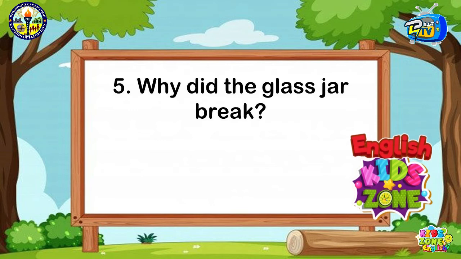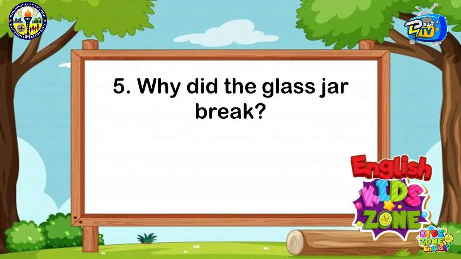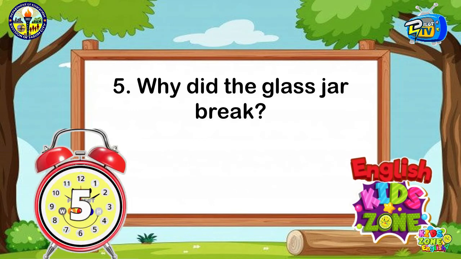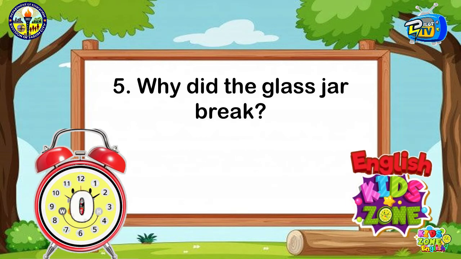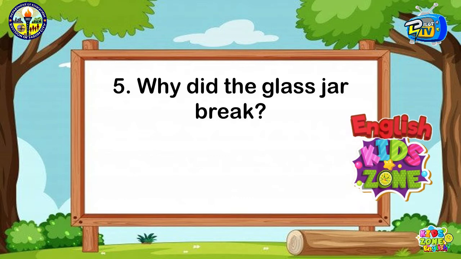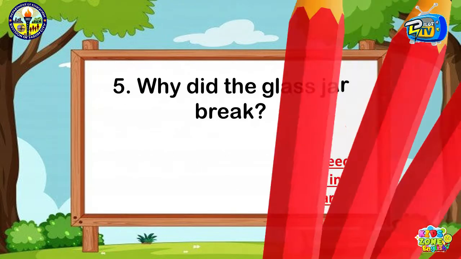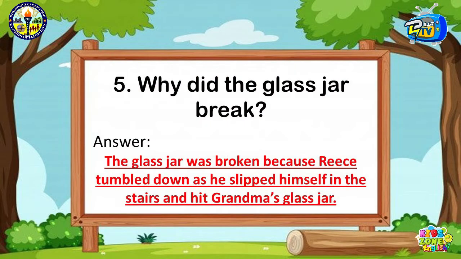Why did the glass jar break? Your timer starts now. Time's up! We have the same answer. The glass jar was broken because Reese stumbled down as he slapped himself in the stairs and hit Grandma's glass jar.